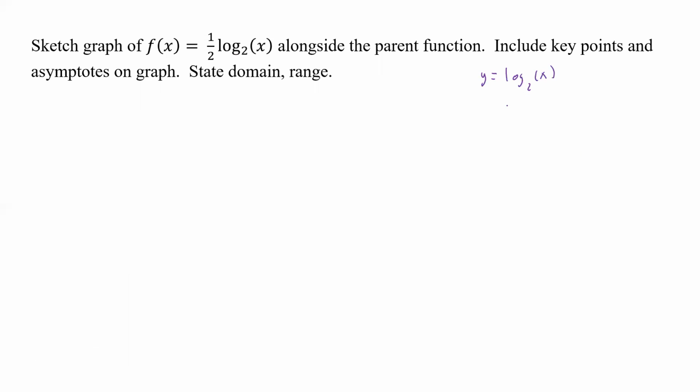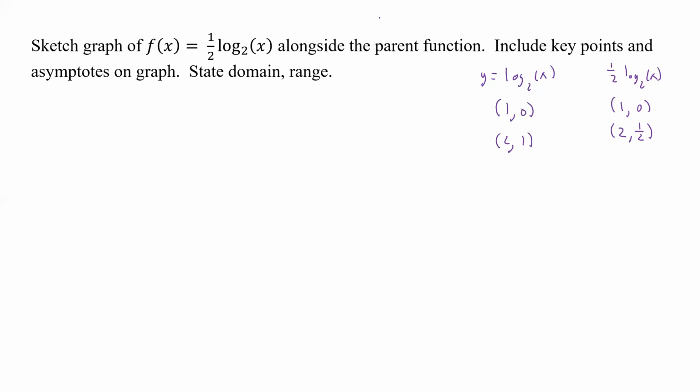And so we have the point 1, 0, and now we have the point b, 1. Well, b is 2, comma 1. Now we have the function 1/2 log base 2 of x. What are we doing? We're taking 1/2 times our y. Well, that's 1, 0 still, but this now becomes 2, 1/2.